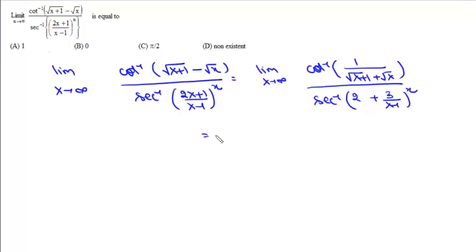Now this is cot inverse 0, and here it will be this secant inverse 2 to the power infinite. Now cot inverse 0 is pi by 2, and secant inverse infinite is also pi by 2. So value of this limit is 1, and that's your option A.